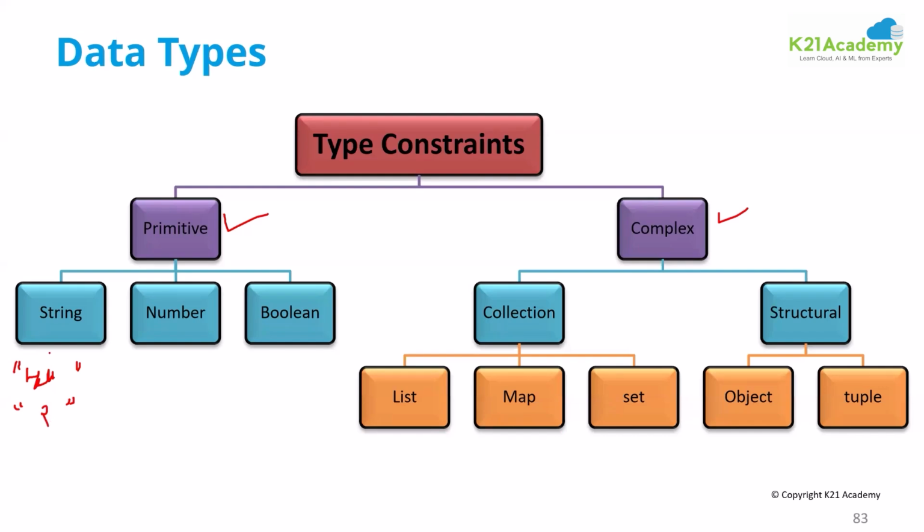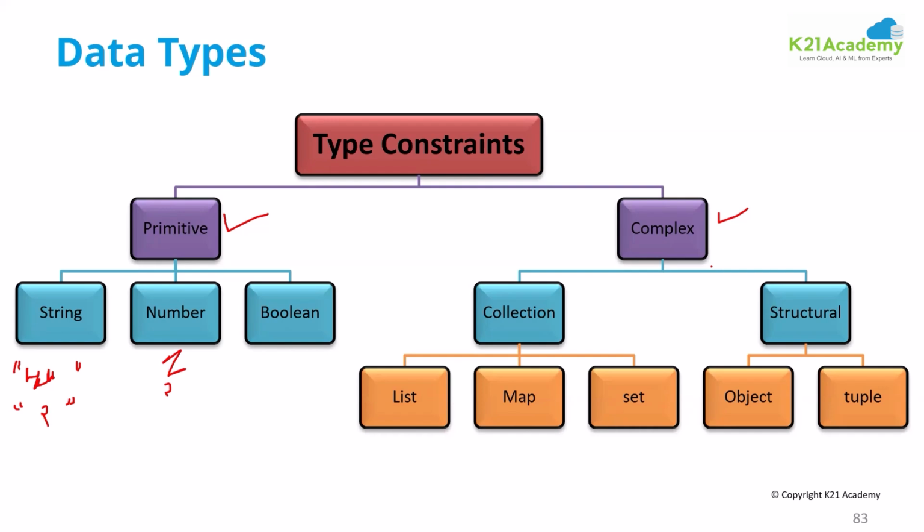That is called a string. Number means numerical numbers from 0 to 9. Even decimal numbers are also accepted here. You will have both decimal as well as non-decimal numbers. Both of them are accepted. Boolean means true or false. These are primitive.